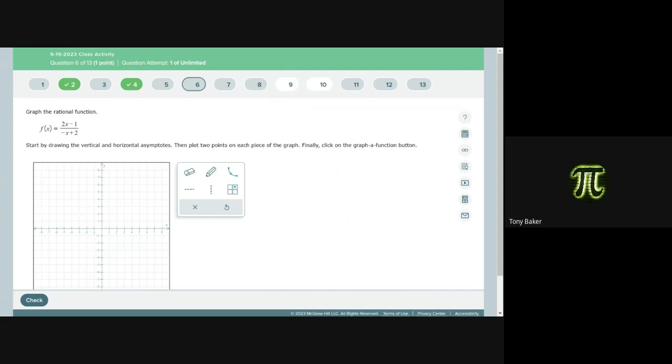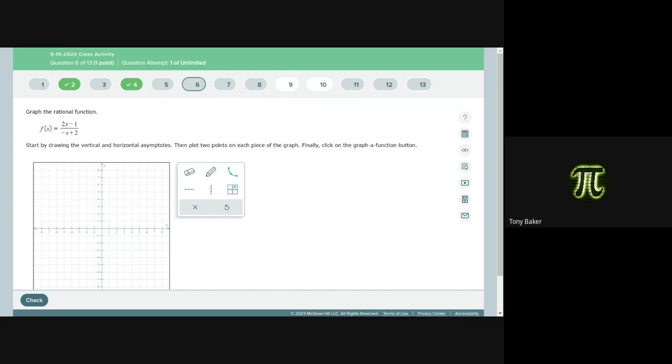So that means basically 2 points on either side of any asymptote. If I have one horizontal asymptote, I need 2 points on one side, 2 points on the other side. If I have 2 horizontal asymptotes like the last problem, I'd want 2 in the middle, and then 2 on the other side. So you always want 2 in each section of the domain, basically.